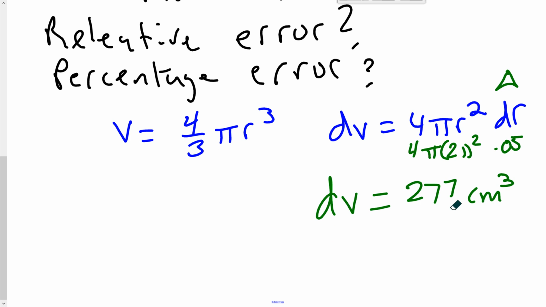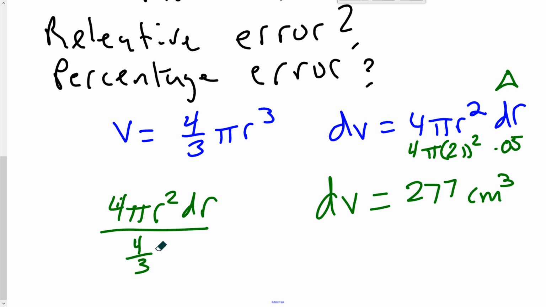So there's that. And then relative error. Since this looks a little large, we can find our relative error. So that would be our max amount of error, which was 4 pi r squared dr, divided by our total volume, which is 4 pi thirds r cubed.